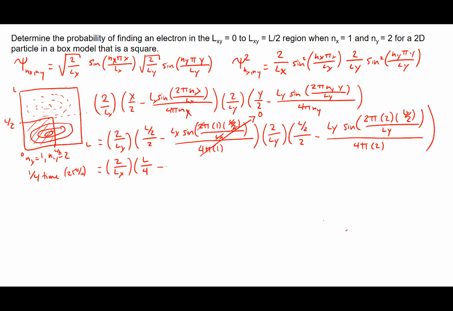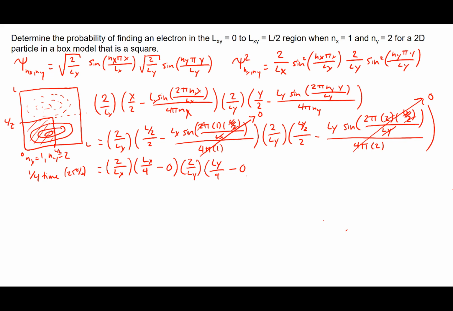Over here, minus 0 times 2 over Ly times Ly over 4, minus... the Ly and Ly cancel out, the 2 and the 2 cancel out, and sine of 2 pi is equal to 0. So this whole thing comes out to 0 as well, so we can disregard that.